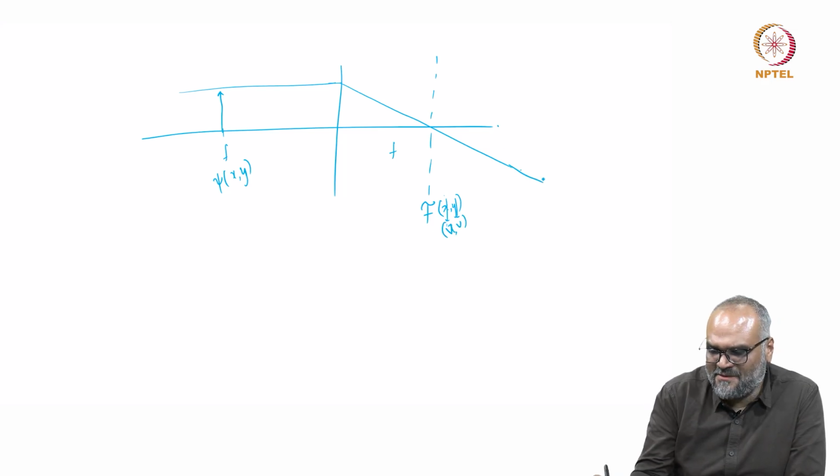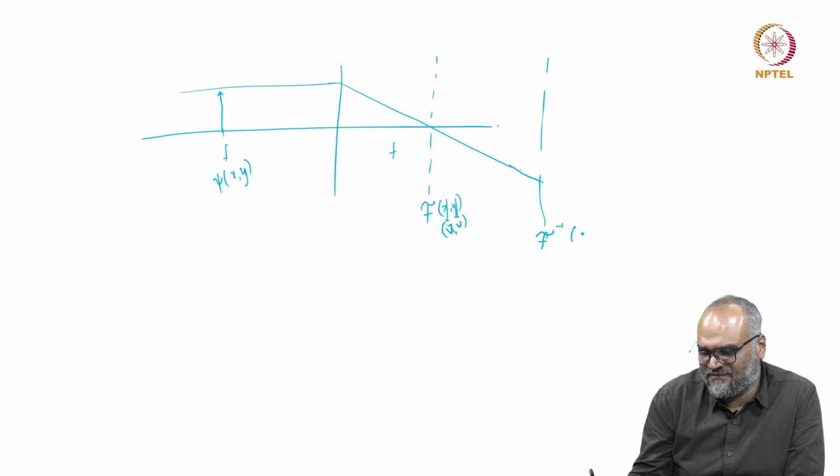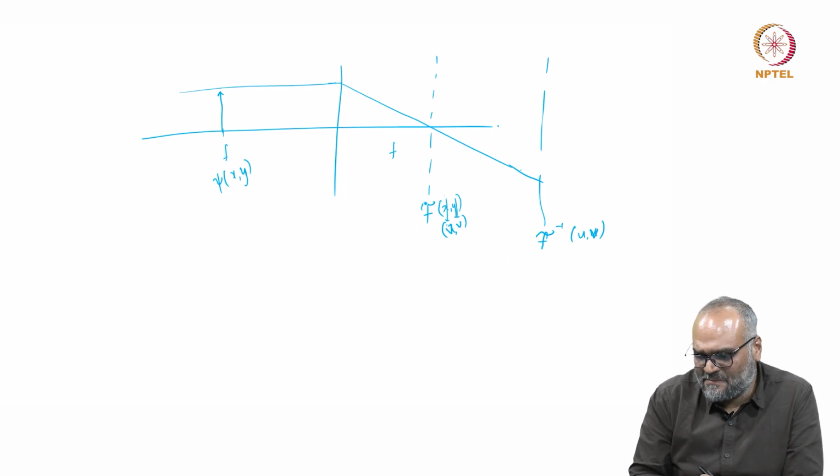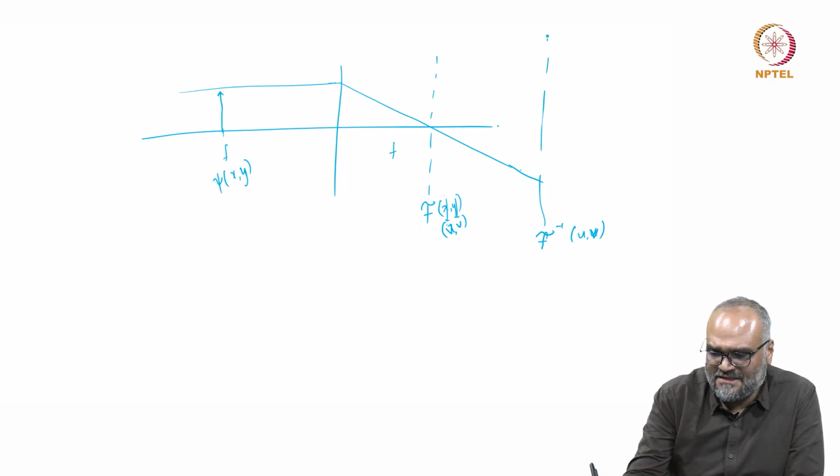And when I form an image again, I actually create an inverse Fourier transform of whatever information I have at the back focal plane, and I form this at the image plane.